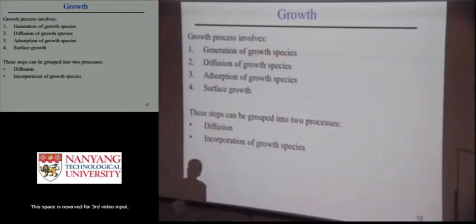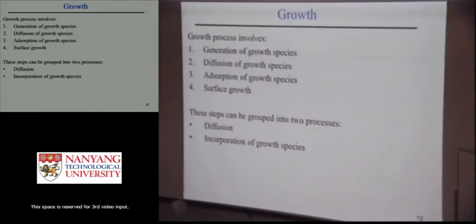So for this atom to find the nuclei and be absorbed by it takes some time. Because the surface is so small, the nuclei may not effectively absorb it. It might miss it. But if the nuclei is big, the atom that goes to this region can easily be absorbed by the particle, because the surface area is big and any atom in a close region can easily be absorbed.